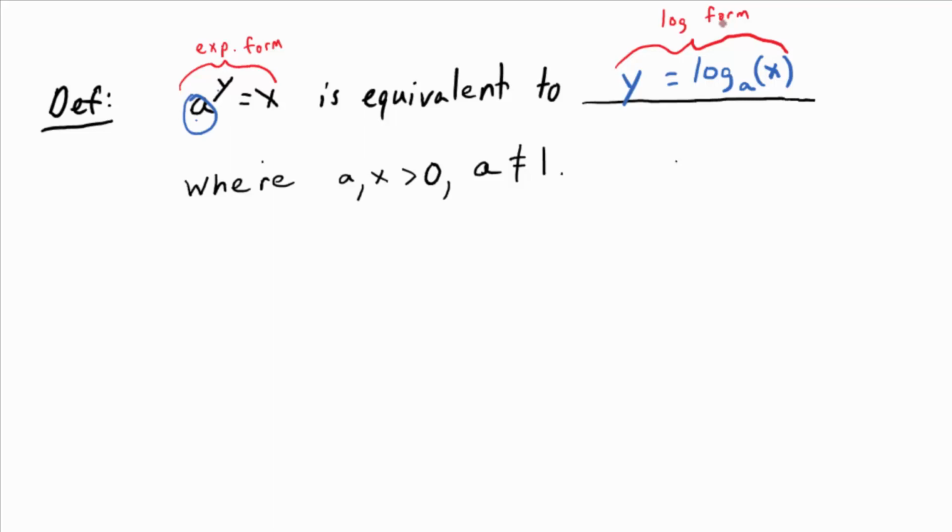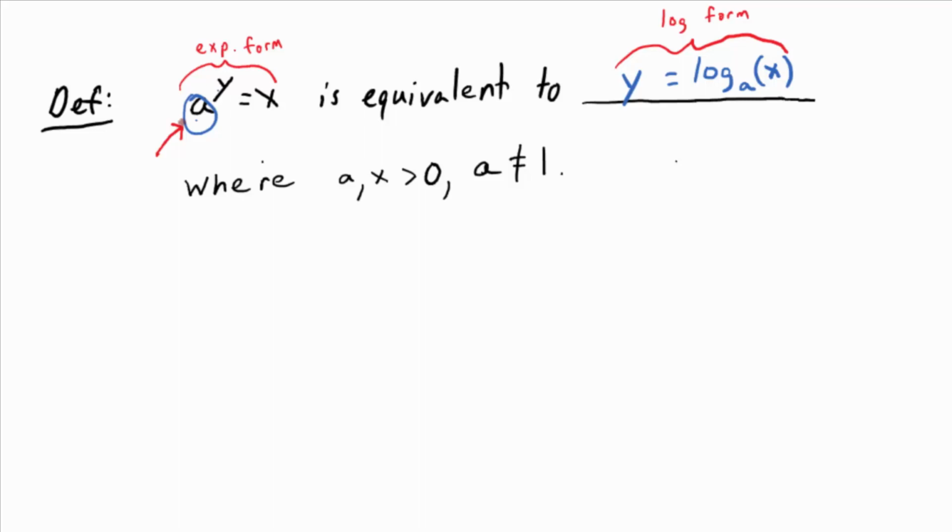A couple of restrictions here. It's not going to be useful if a and x are not bigger than 0. First of all, if a is less than 0, then if y, the exponent, turns out to be a natural number, then a to the y will change signs depending on if the exponent's even or odd.